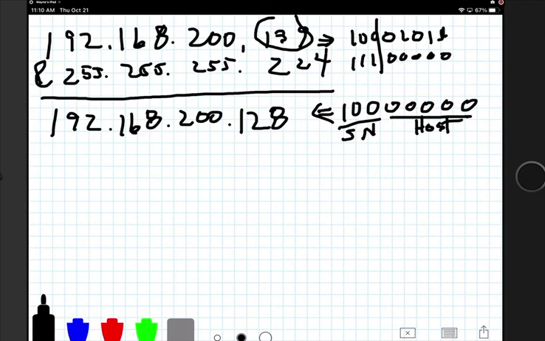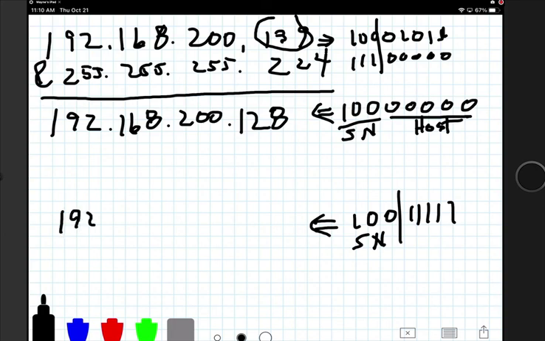Likewise, for the broadcast address, we have our subnet value, and the broadcast is the IP address that has all of its host bits set to 1. 1, 2, 3, 4, 5. So that is the binary representation of the last octet for the subnet.